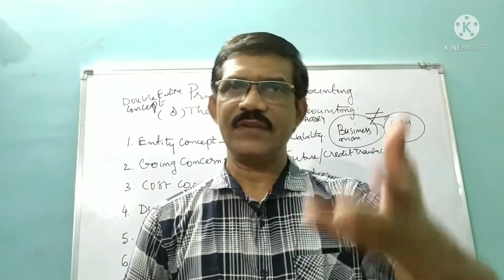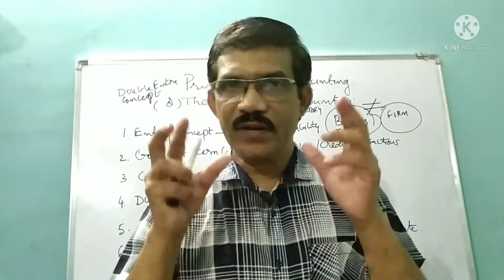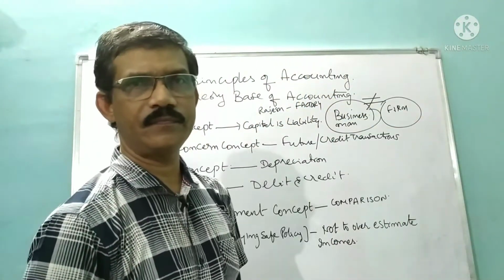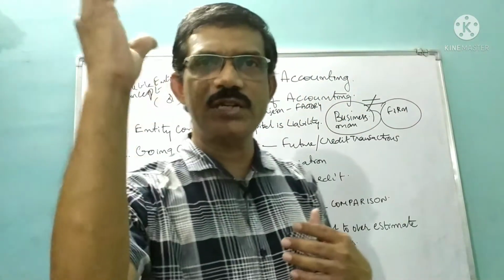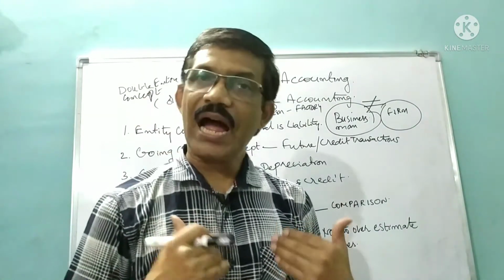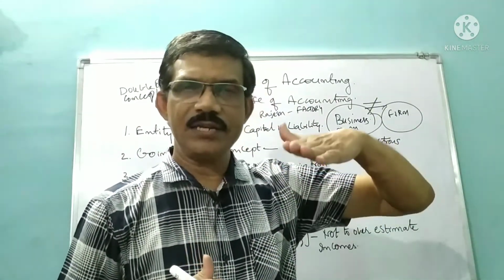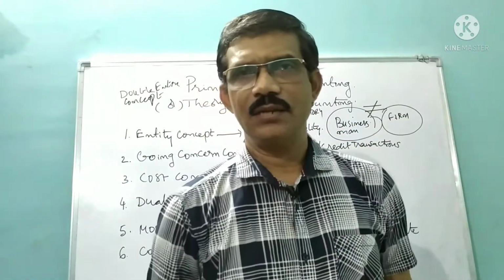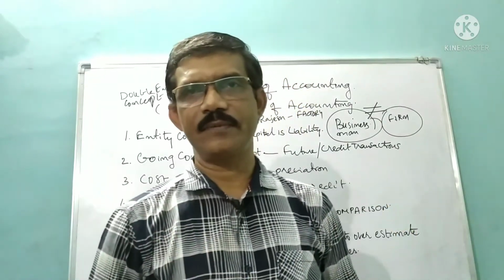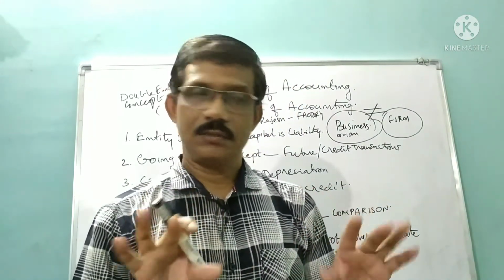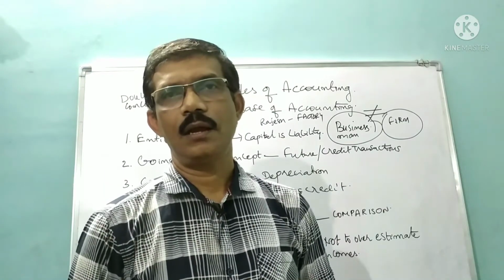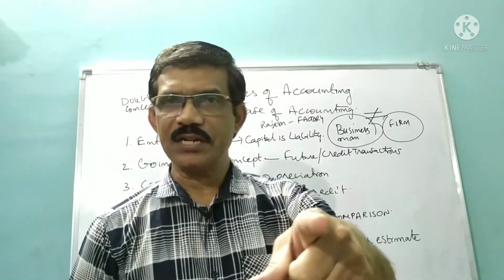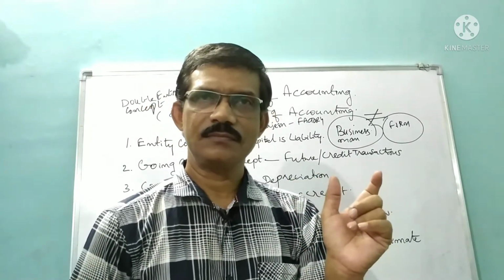Even for this I will give an example. Suppose your firm is having a 3-storied building. My firm has a 5-storied building. So I am saying my building has more value than your building, because your building is only 3-storied and I have a 5-storied building, right? But this may not be correct. This is to be converted in terms of money. Your 3-storied building is in the heart of the city.